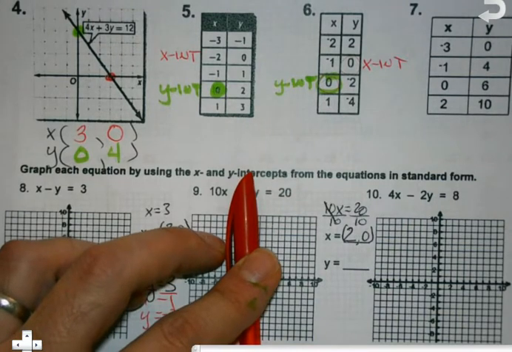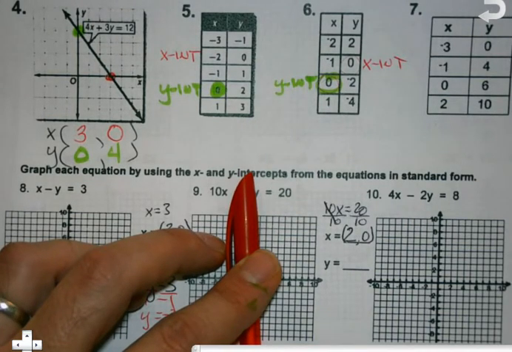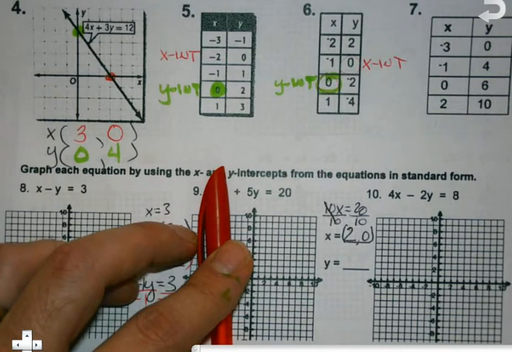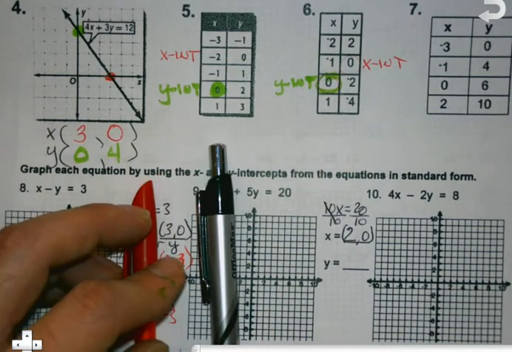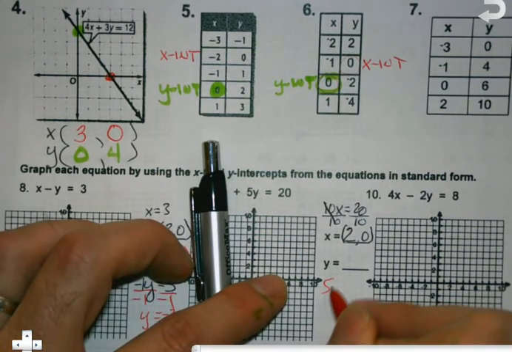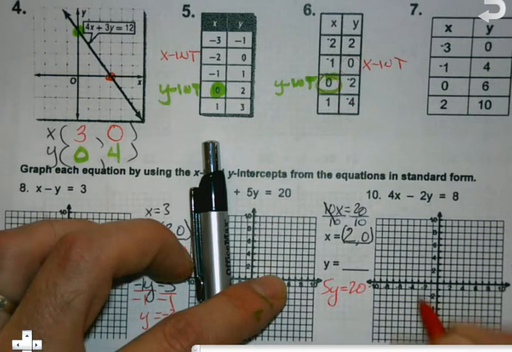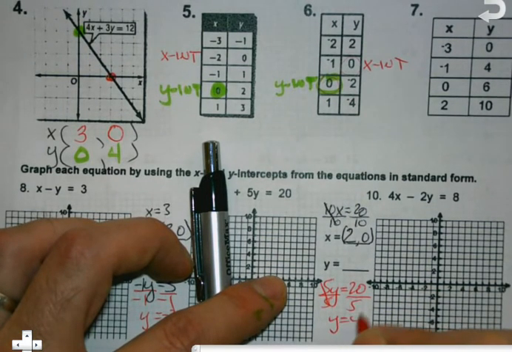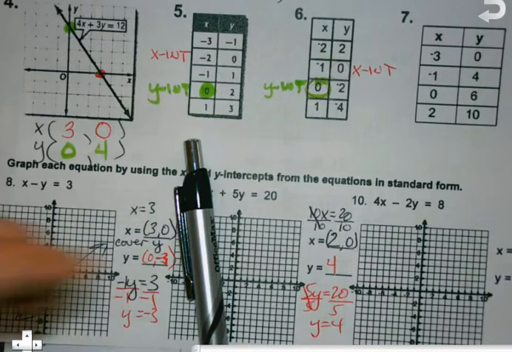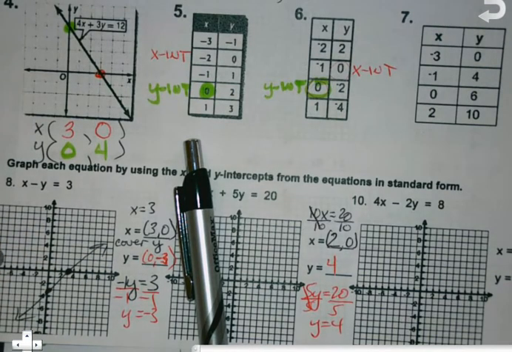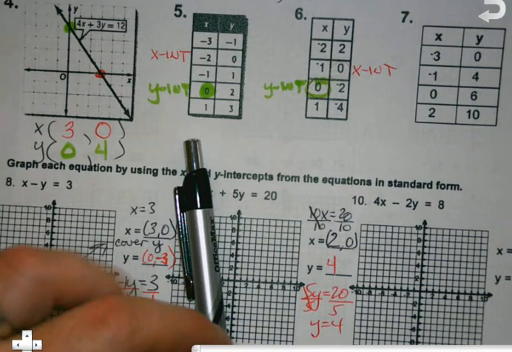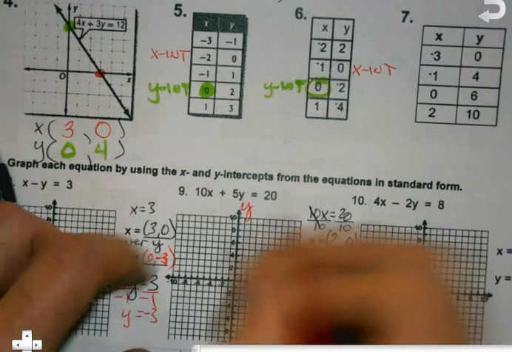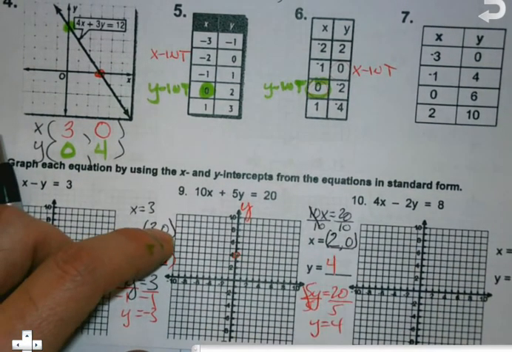You even could go so far if you wanted to. So when I go to do y, let's say 5y equals 20, I don't even mind if you left it as 4. Because I know that at that point, if my y value is 4, that's up 4.